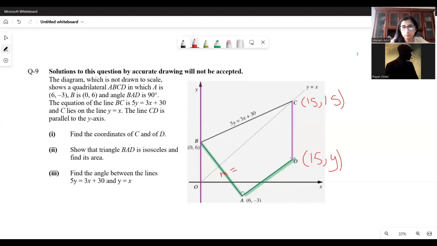Miss, that's -3 over 2. Yes. So then give me the slope of AD. Miss, that would be 2 over 3. That's correct. Okay.